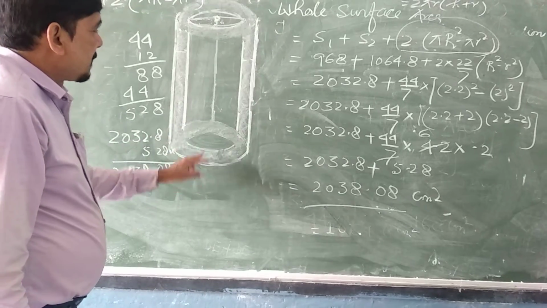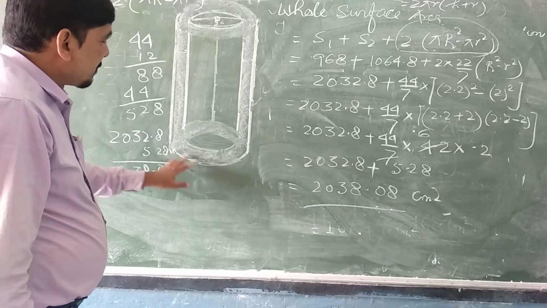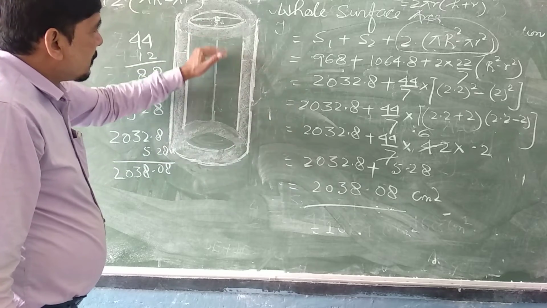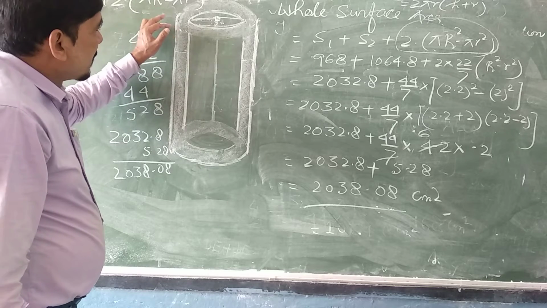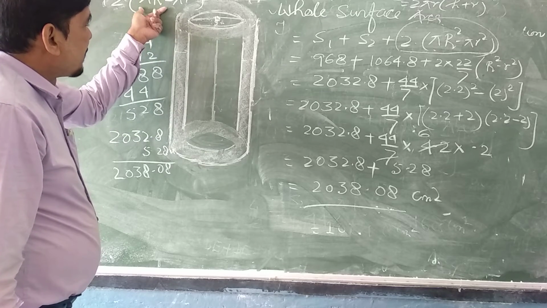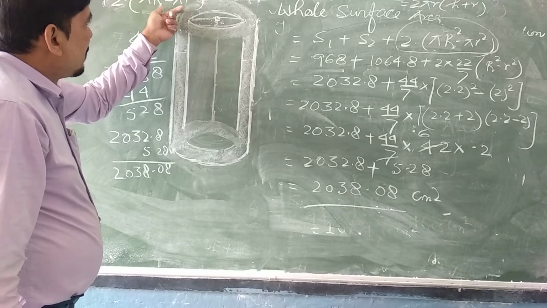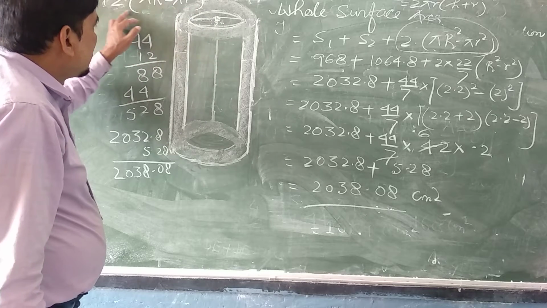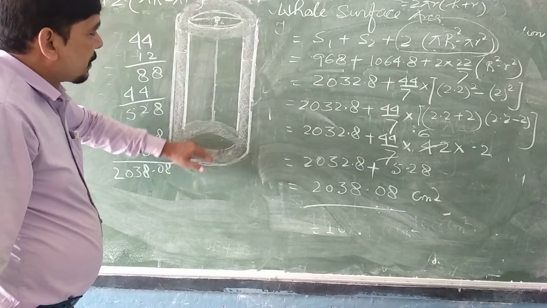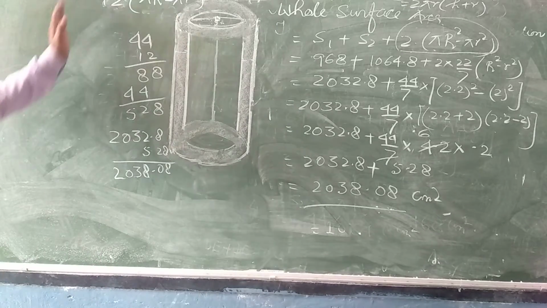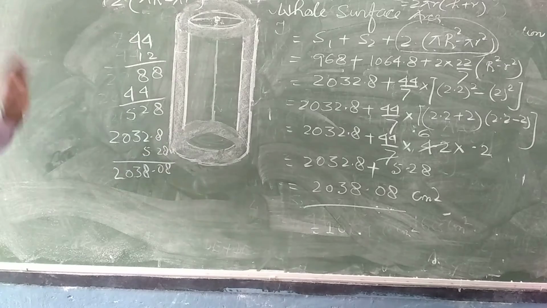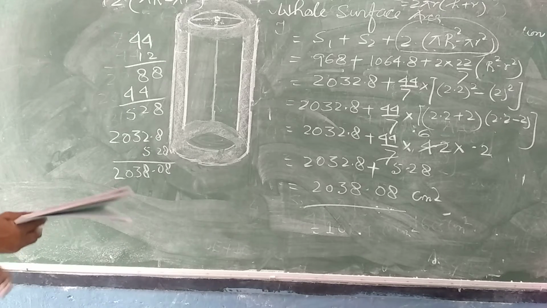This is a hollow cylindrical pipe, so pi R square minus pi r square, 2 times because there are 2 ends of the same shape. So that is the whole surface area of the cylindrical pipe.